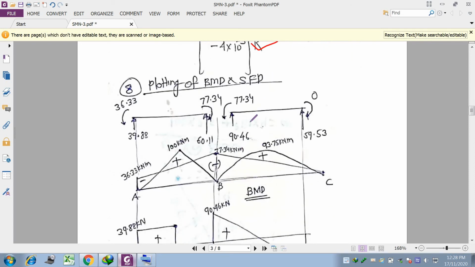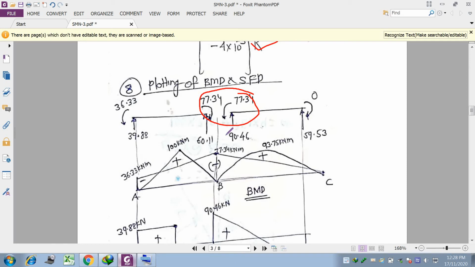And one of the most important cross checks, whether your final answer is right or wrong, you can easily judge based on your internal joint moment. If your internal joint moment becomes 0, it means that your answer is perfectly alright. And if it is not 0, that means you have committed some mistake in your steps.